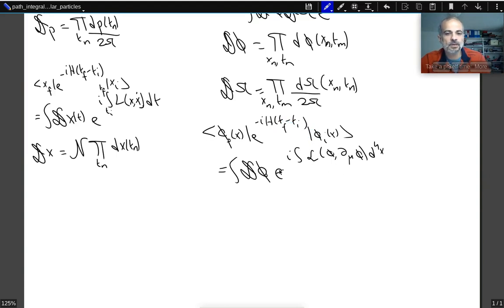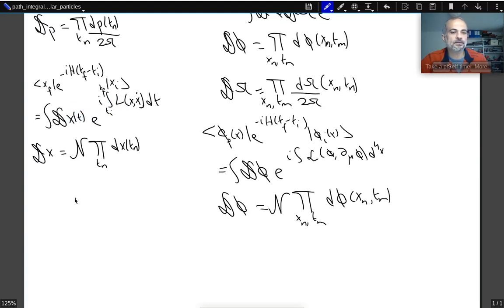And furthermore, this measure is some normalization. As I said, this normalization will not be important for us. It is the product of the field phi at different points in time. And the conditions on these trajectories, in the case of the quantum mechanical path integral, were that x at Ti should be equal to xi, and x at Tf should be equal to xf.